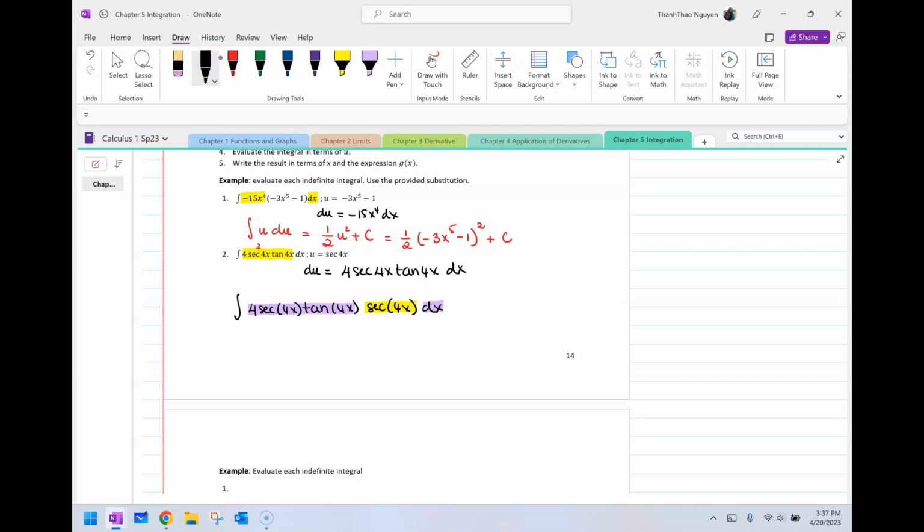So this meant by substitution, this becomes u du. And so that is 1/2 u squared plus c. That is 1/2 secant of 4x squared plus c, where c is a constant.